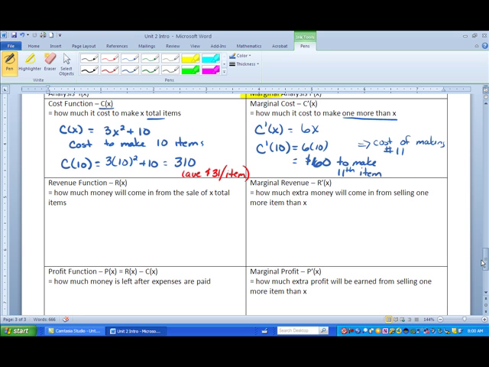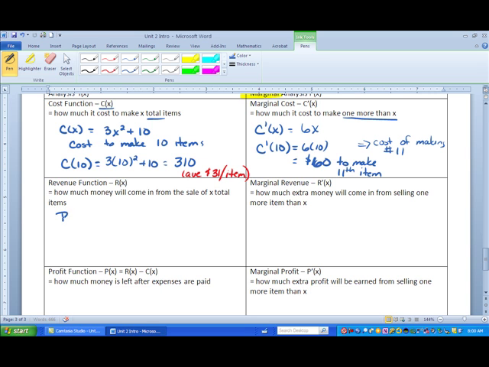So now let's talk about revenue. Revenue is the amount of money that you will get from your sales. Okay, so you put 10 bikes out there and you sell them all, and you sold them each for $50. So your revenue is $500. That's how much money you are bringing in to the company.